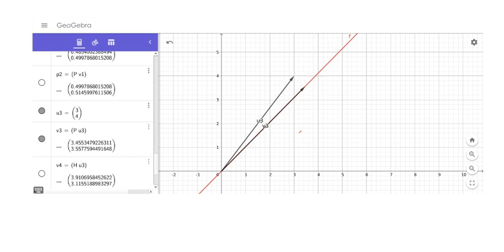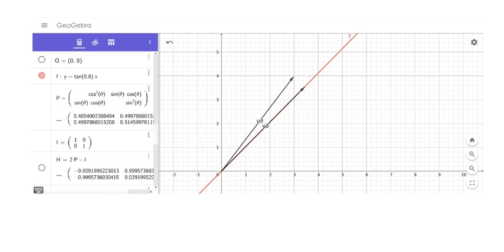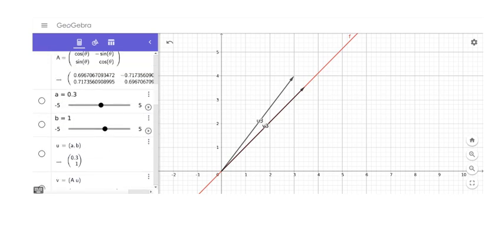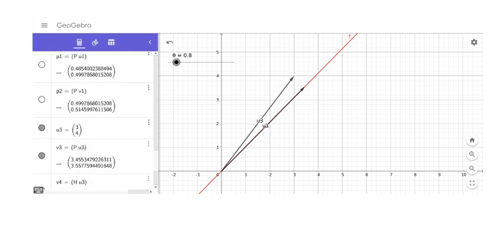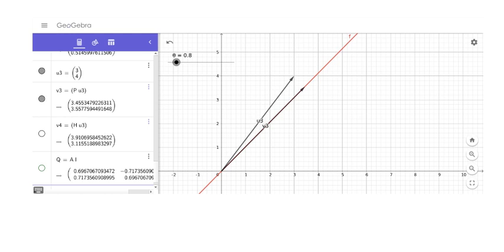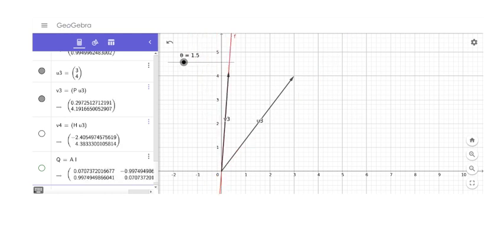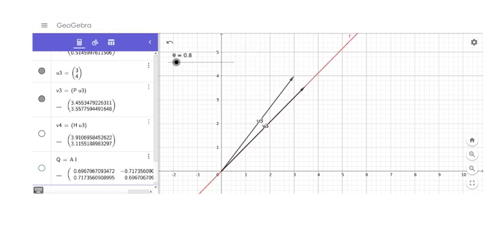Now if I change the angle theta, the line changes and the projection remains on the same line. So if you want to project any vector on any line, you have to multiply the vector by P.